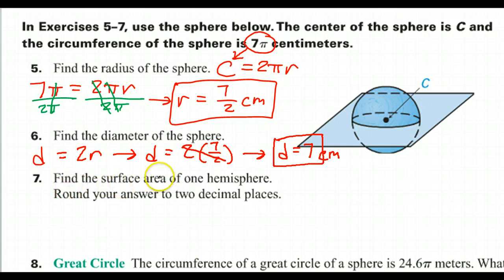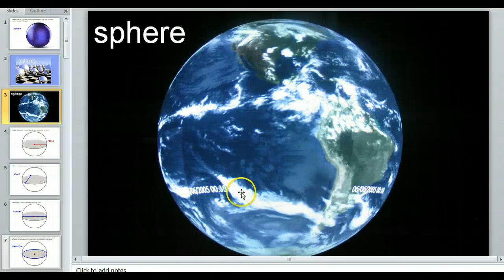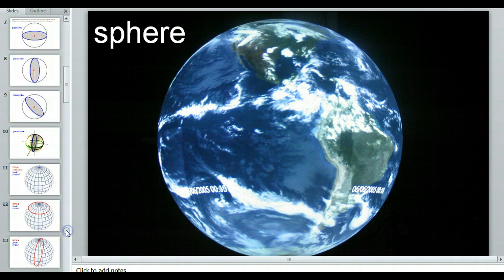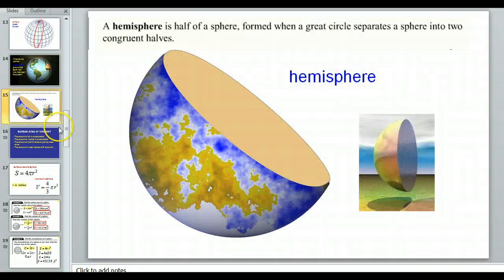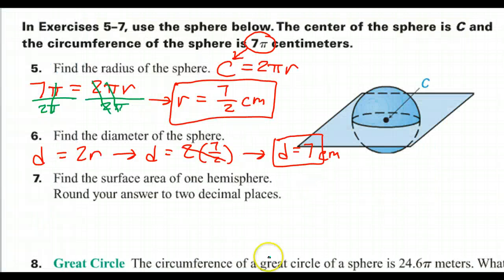Number 7, find the surface area of one hemisphere. Okay, you need to understand that a hemisphere is half of the sphere. So if this is a sphere, which of course it is, then this is a hemisphere, literally half of a sphere. Okay, back to business. So if I were you, I would just find the surface of the whole sphere and then just take half of it.